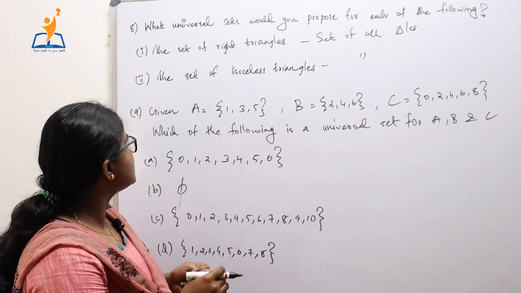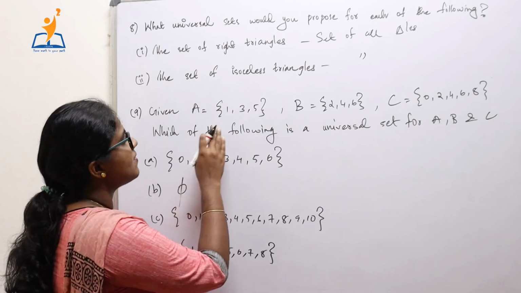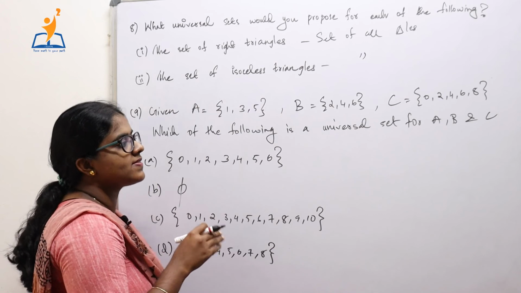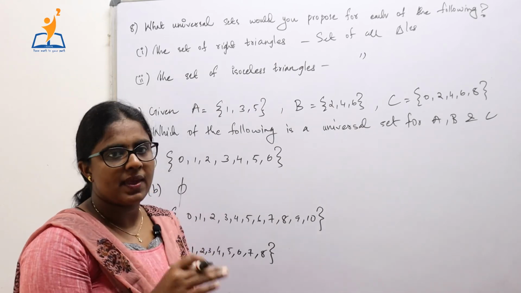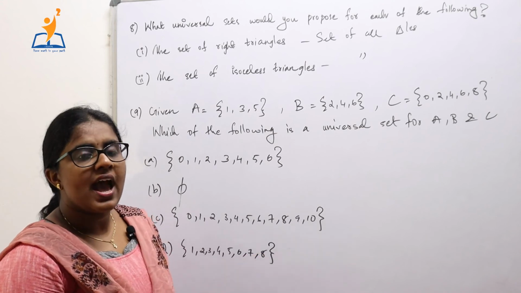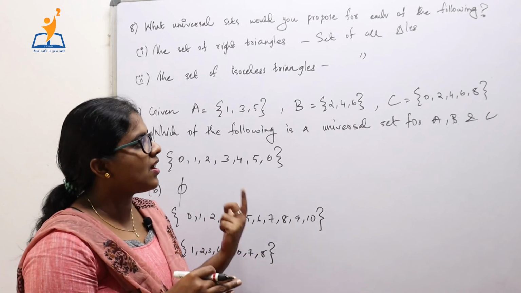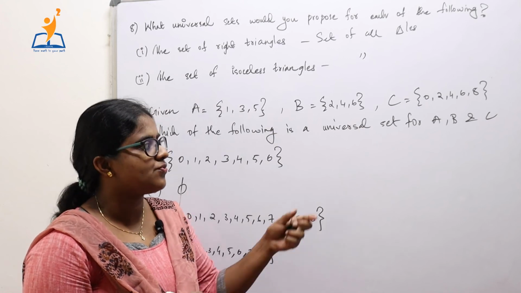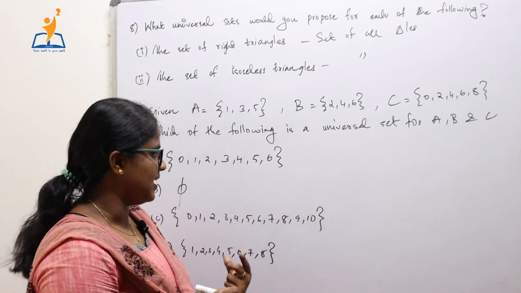Moving on to the 9th question. The 9th question is, given A, B, C, 3 sets are given. Which of the following is the universal set for A, B and C? We have 4 options, and among them which is the universal set which can act as the universal set for A, B and C?